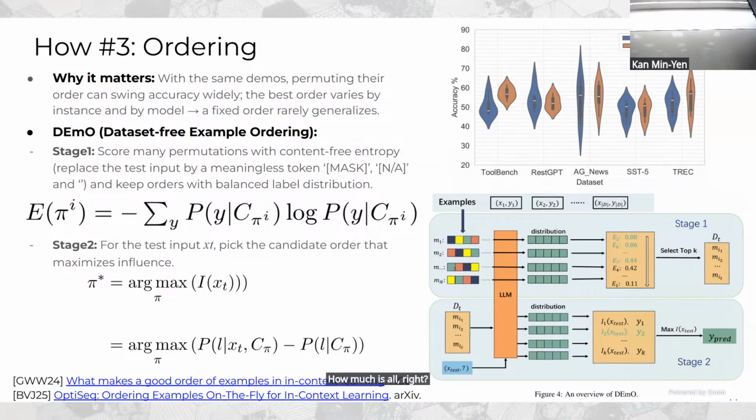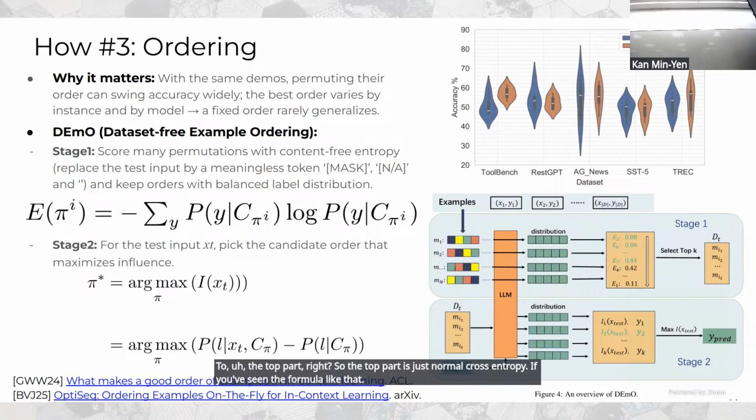And then in the second part, you are using that to try to tune the results to be best as possible, right? So that you can see the bottom argmax is very similar to the top part, right? So the top part is just normal cross entropy. If you've seen a formula like that, it should be fairly familiar to you, like log p.